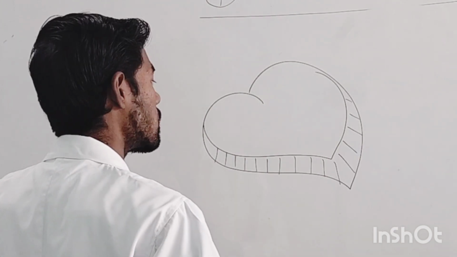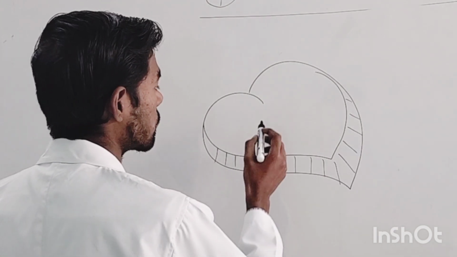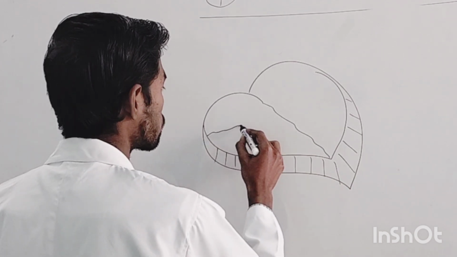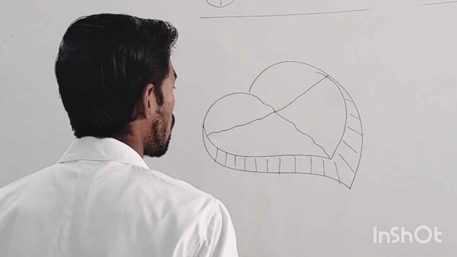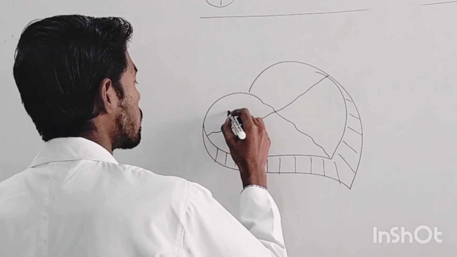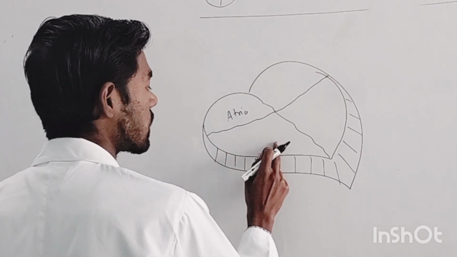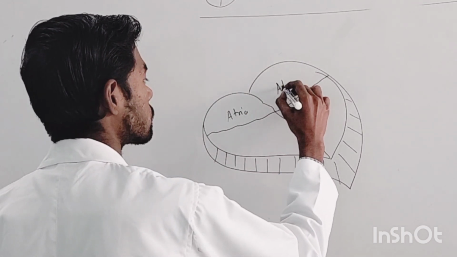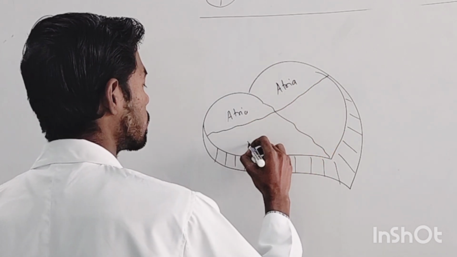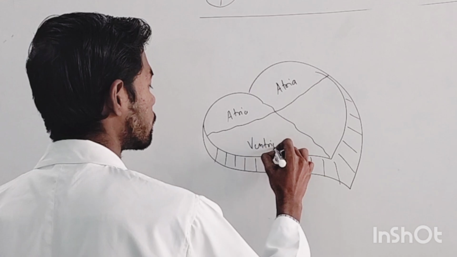We all know that the heart is 4-chambered, meaning the heart has 4 chambers. Always remember the upper 2 chambers are called atria, and they are much smaller than the ventricles. And the lower 2 chambers are bigger than the atria, and we call them ventricles.